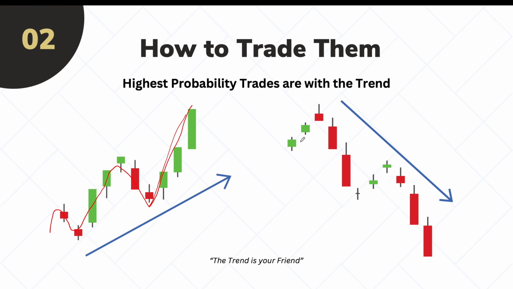Same in the downtrend. If you're in a downtrend, make sure you're not going long. Just wait for price to come back and then boom, take that short to the downside. Trading against the trend is automatically lower probability. And for you to make money, how nice is it to just trade the highest probability trades? That means that when you execute a trade, the chance is very high that it's going to result in profit instead of a loss.